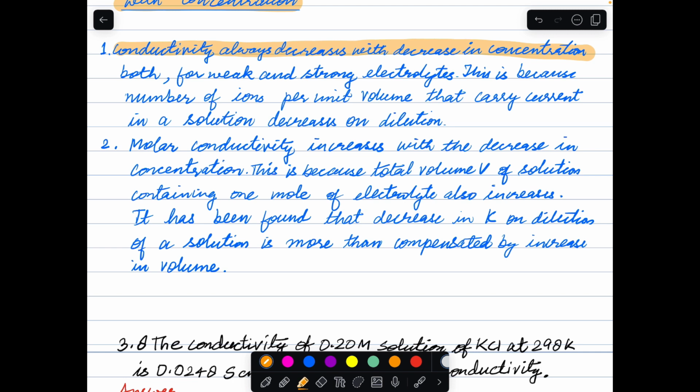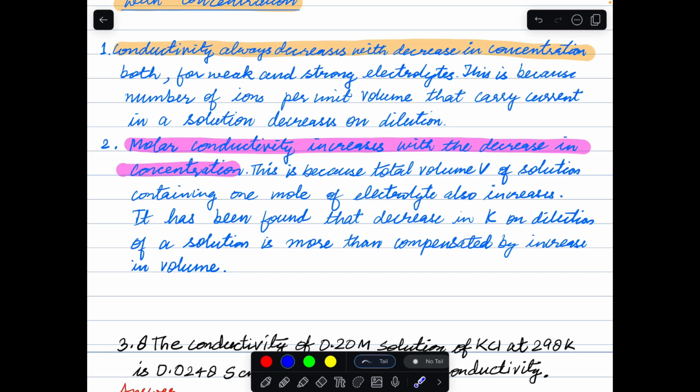Now the second part, molar conductivity. Your molar conductivity increases with the decrease in concentration. It is just the reverse. Molar conductivity will decrease if we increase concentration, or it will increase with decrease in concentration. Why?